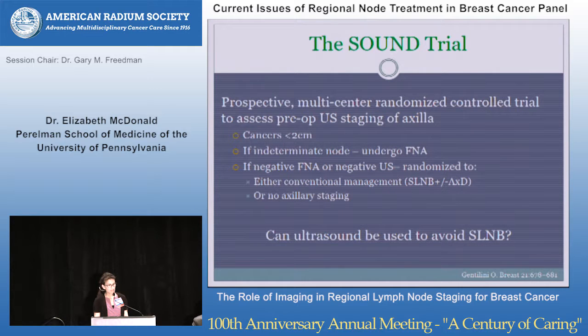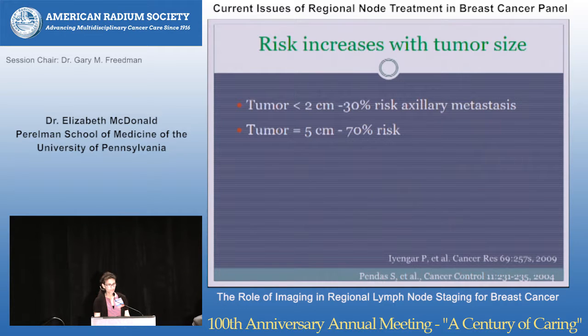If the FNA is negative or there's a negative ultrasound, these patients will be randomized to conventional management, which is the sentinel lymph node biopsy, or no axillary staging. And so ultrasound here might be used to avoid sentinel lymph node biopsy. In my opinion, this would take this exam, which is now irrelevant in T1, T2 patients, and make it relevant again if indeed this trial has positive results.